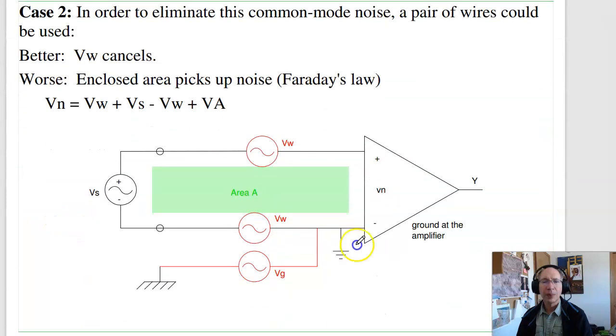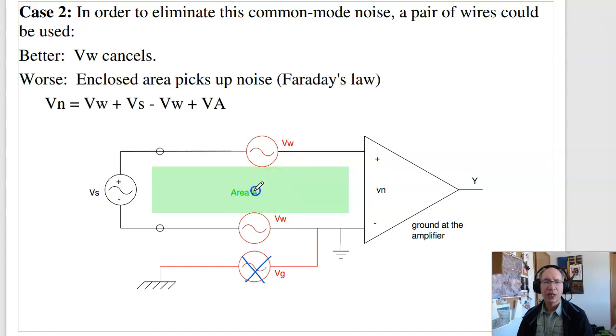A better way is to only have a single ground. What that does is this ground no longer matters, the difference between the two grounds. But what I get is basically this is a big loop antenna. The voltage produced by a loop is proportional to the area times the magnetic field strength, the electric field strength.